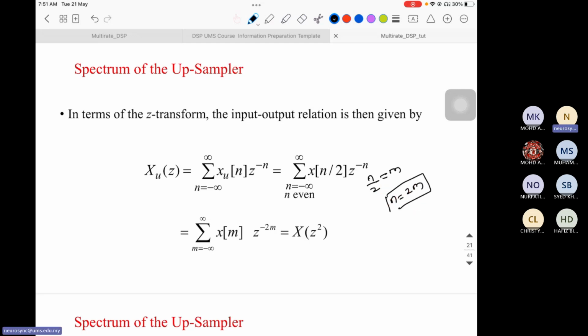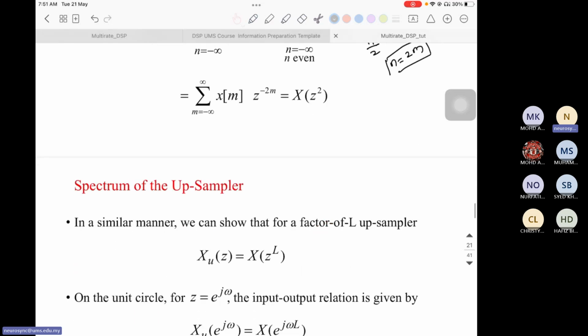This is rewritten in terms of m, where m goes from minus infinity to infinity, x of m, and Z to the power minus n, which in terms of m is twice m. Therefore, this is basically the Z transform, x of Z square. This is in terms of Z square, like x of Z, but in terms of Z square.